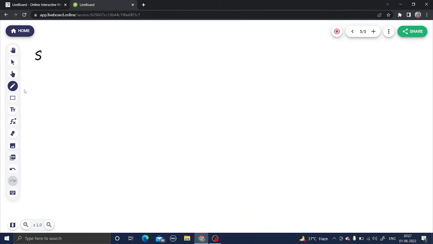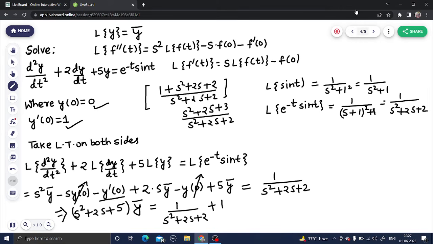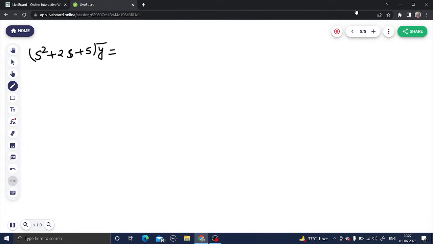So we have s square plus 2s plus 5 with y bar, this equals to 1 upon s square plus 2s plus 2 plus 1.